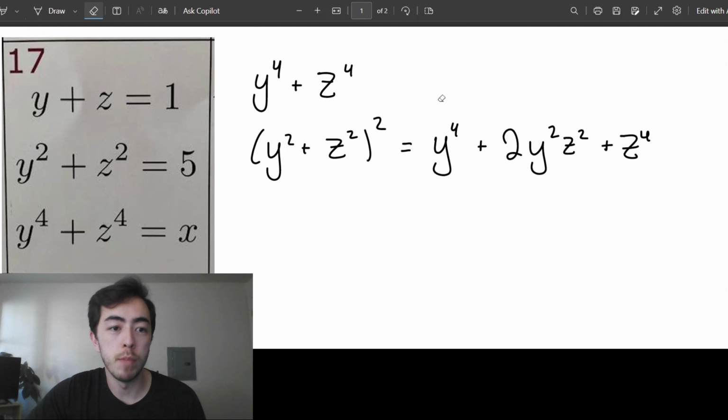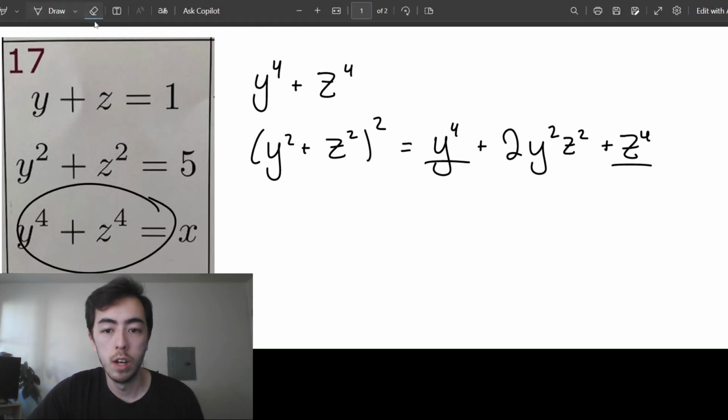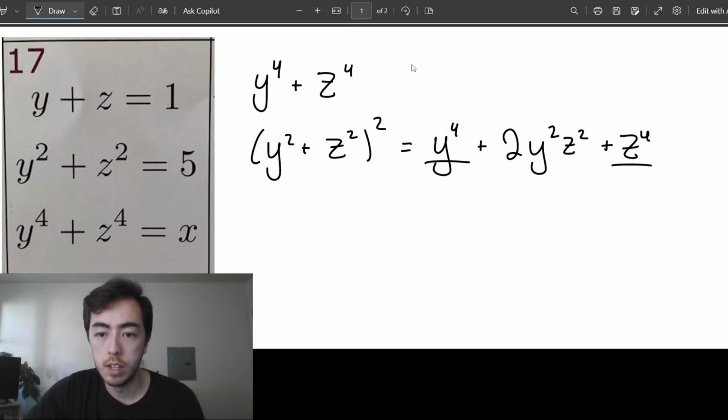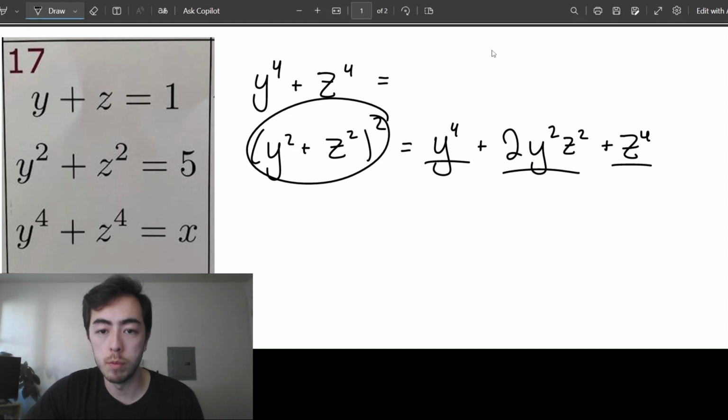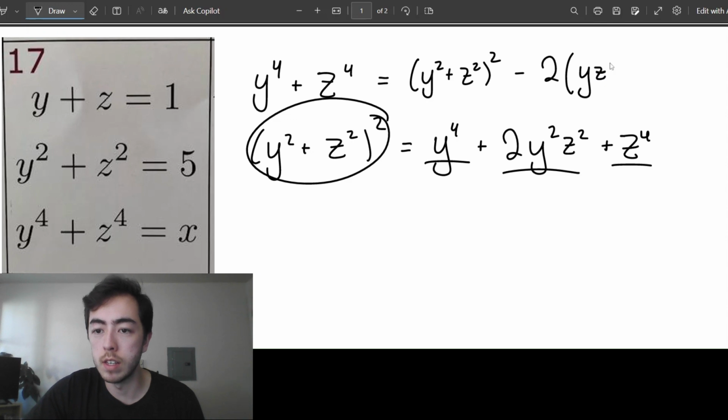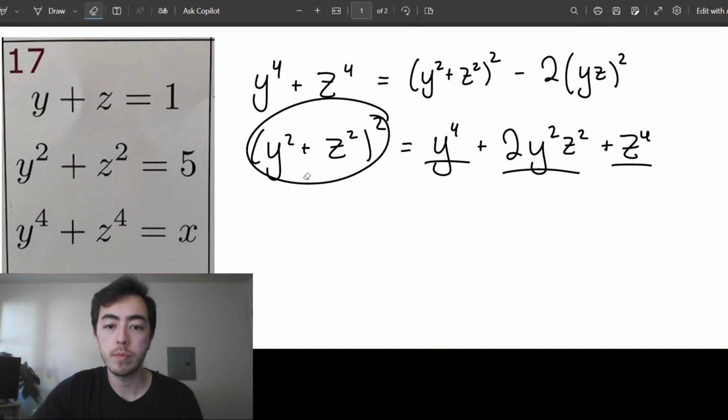And then maybe if we isolate this part, because that is what we see on the screen here, it'll be this minus this middle term. So we can do y squared plus z squared, squared, and then minus 2 times yz squared. There we go.